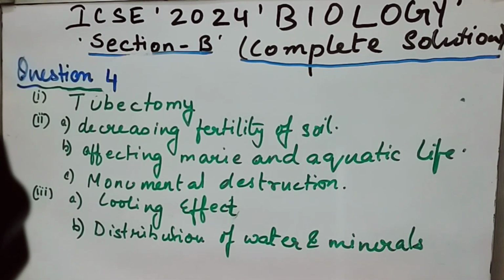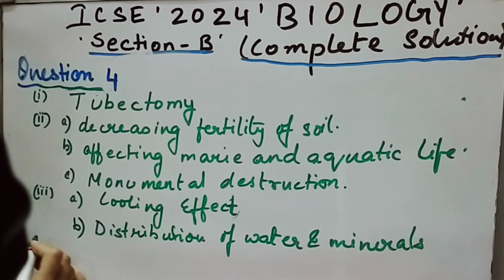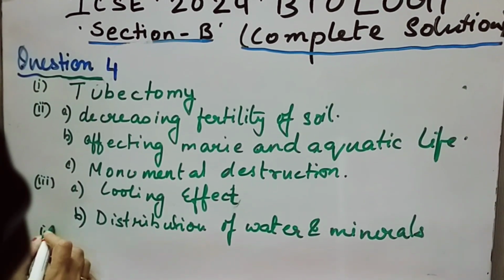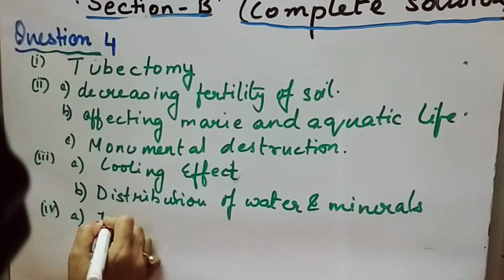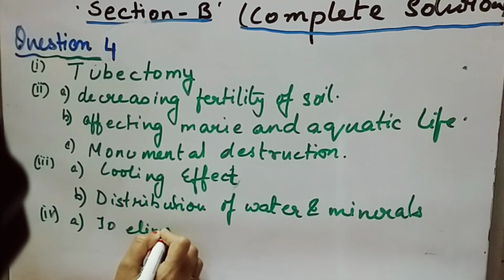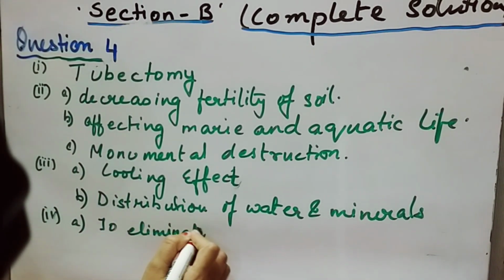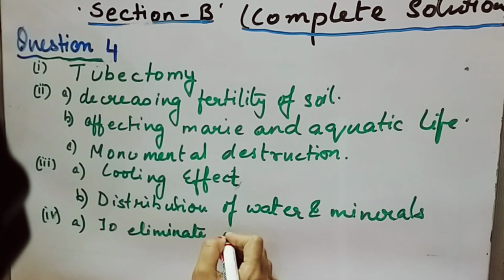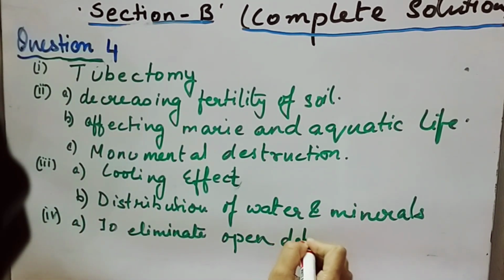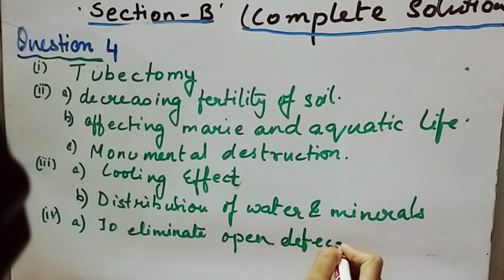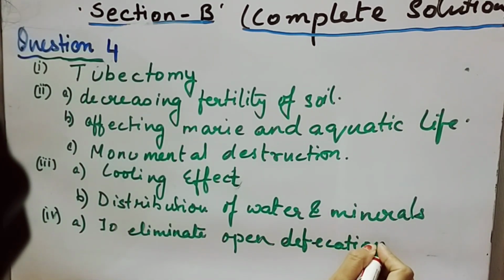Next question is, write any 2 objectives of Swachh Bharat Abhiyan. Now 2 of them are only there, that's the most important one. The first one is to eliminate open defecation by building public toilets.